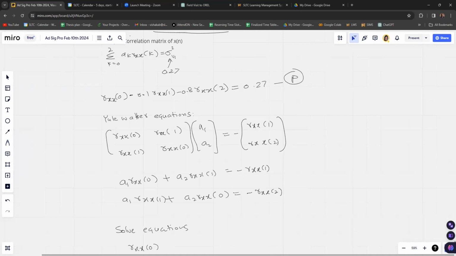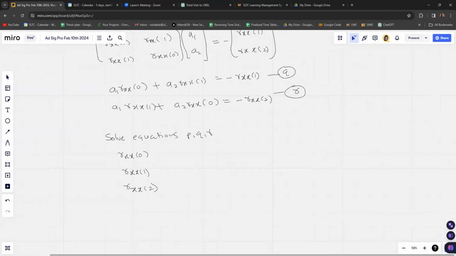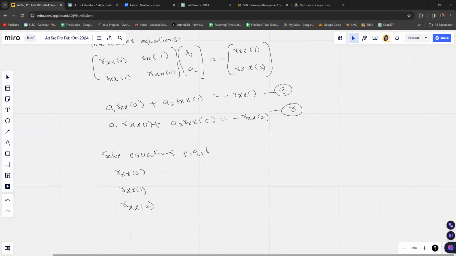So we have this Q equation, and the R equations. Using the P, Q, R equations, you can find the values of Rxx0, 1, and 2. Once you calculate them, you get some answers. Check whether you get these answers. I'm getting 1, 0.5, and 0.85.